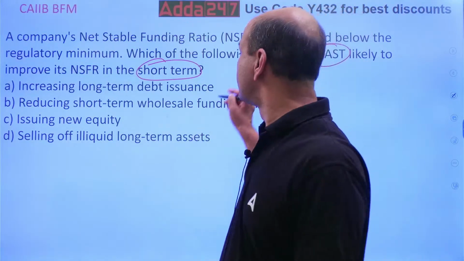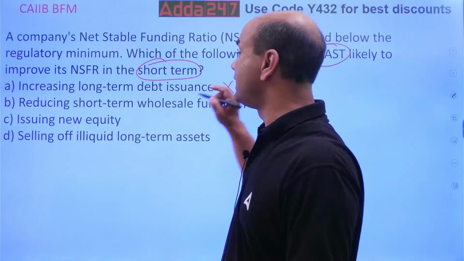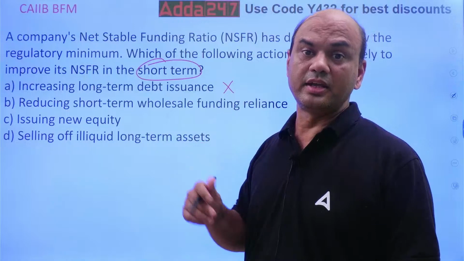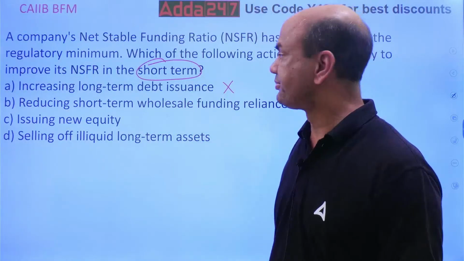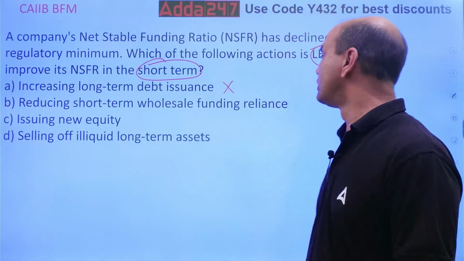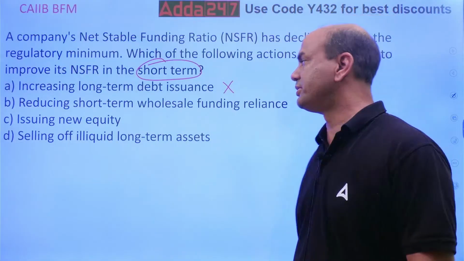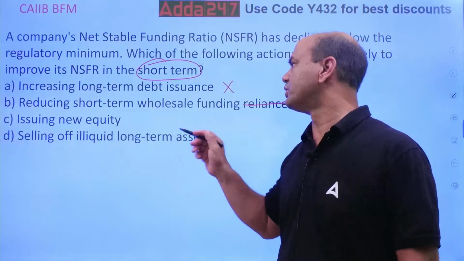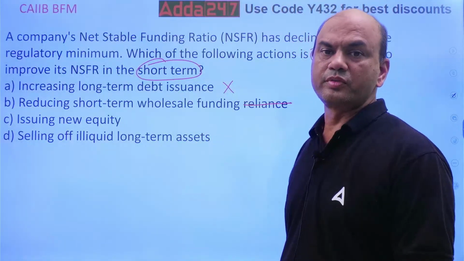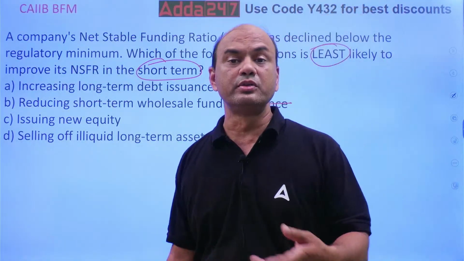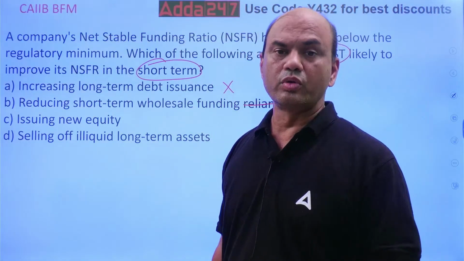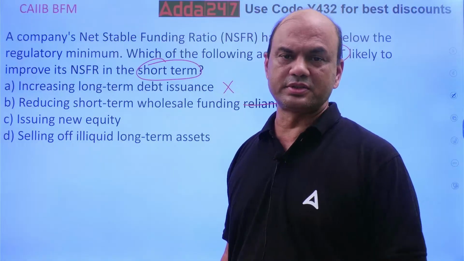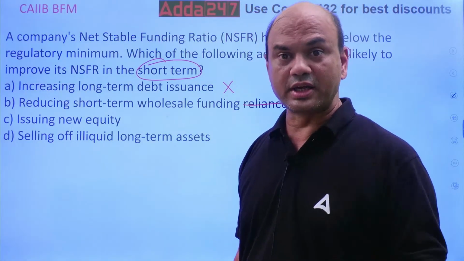Okay, so this is not the answer. I want the least, which will not affect my NSFR that much. Reducing short-term wholesale funding reliance. If I am giving short-term loans to all these customers, pre-shipment, post-shipment, all these loans, and I reduce that, what will happen?